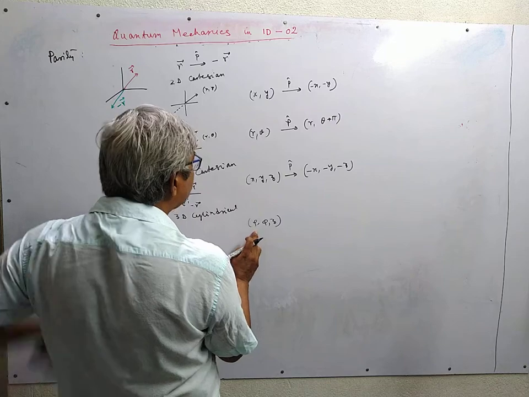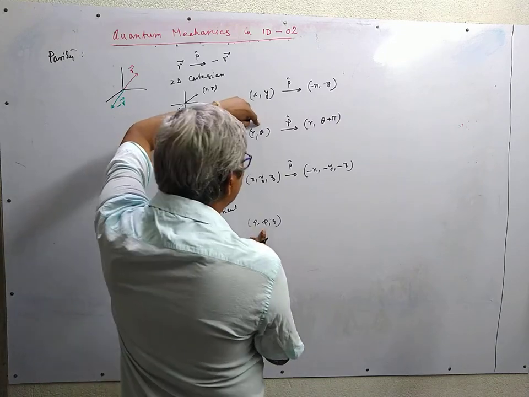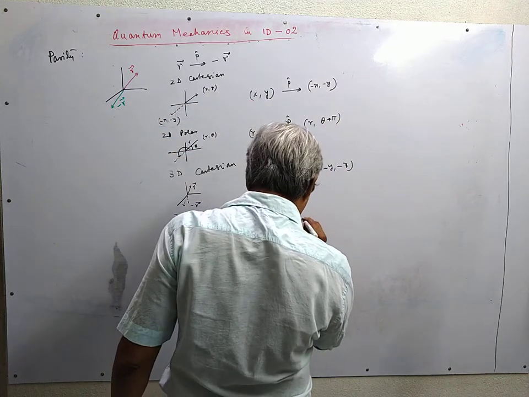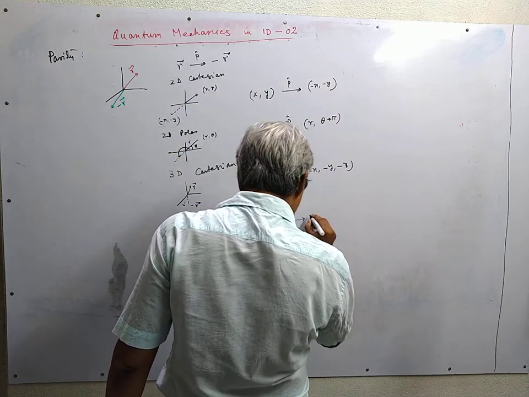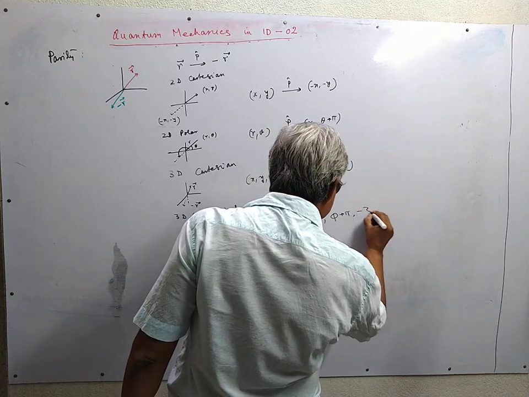You know that rho is the r of polar coordinates and phi is the theta of polar coordinates, so they will transform accordingly. So it is rho, phi plus pi, minus z.